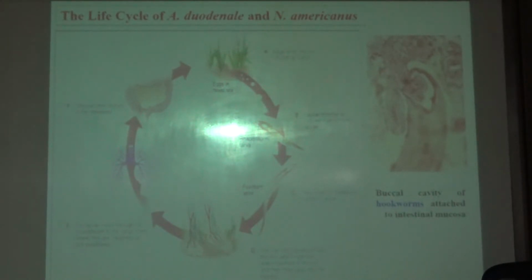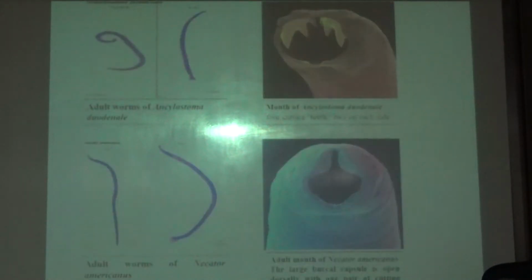When a person walks barefoot on moist soil, for example a beach or near a pond or river, then these larvae penetrate the skin, and through the skin they enter into the blood stream, and they basically go into the intestine later on, where they develop into adult worms.